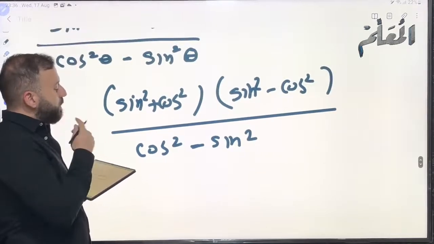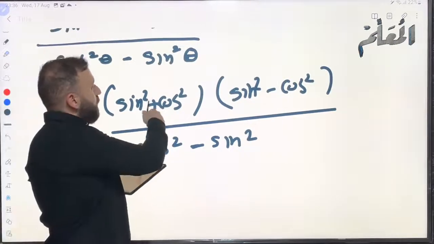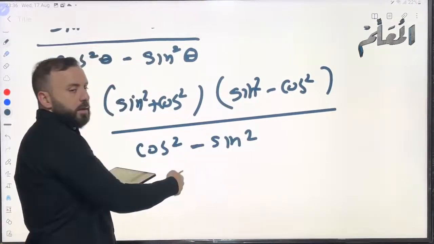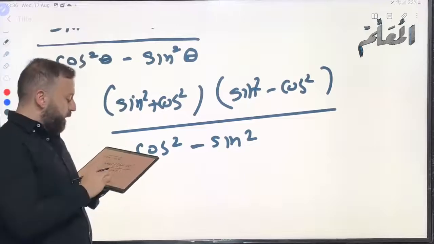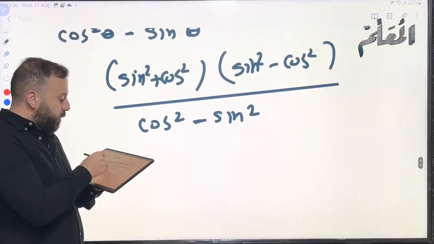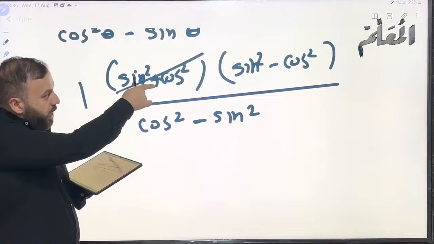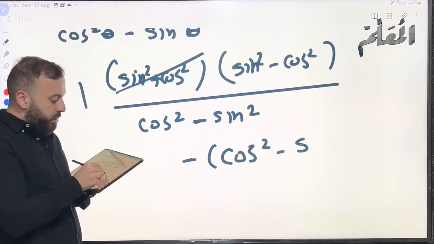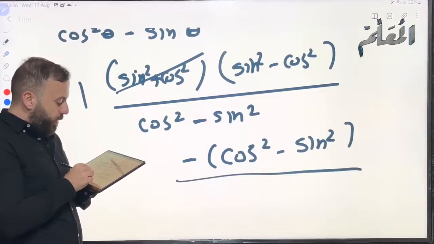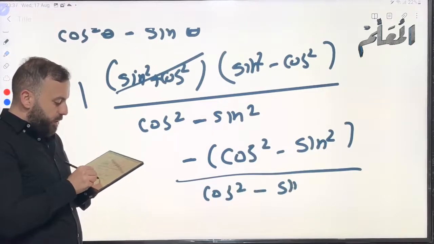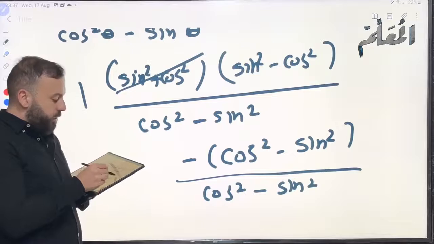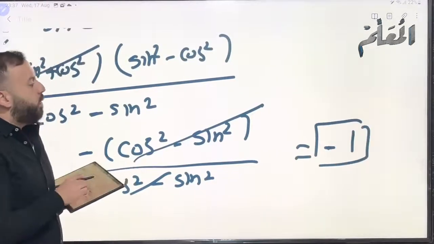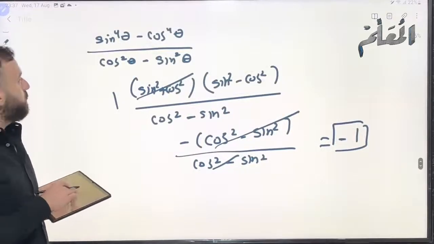In this case, guys, what can I do? There is a relation between these two, but I need to change the sign. So I put -1. Of course, sine squared plus cosine squared is equal to 1, right? If I change the sign, that's going to be negative open bracket cosine squared minus sine squared, all over cosine squared minus sine squared. I just put the negative sign, this cancels this, and the answer is -1. This is the answer for this solution.